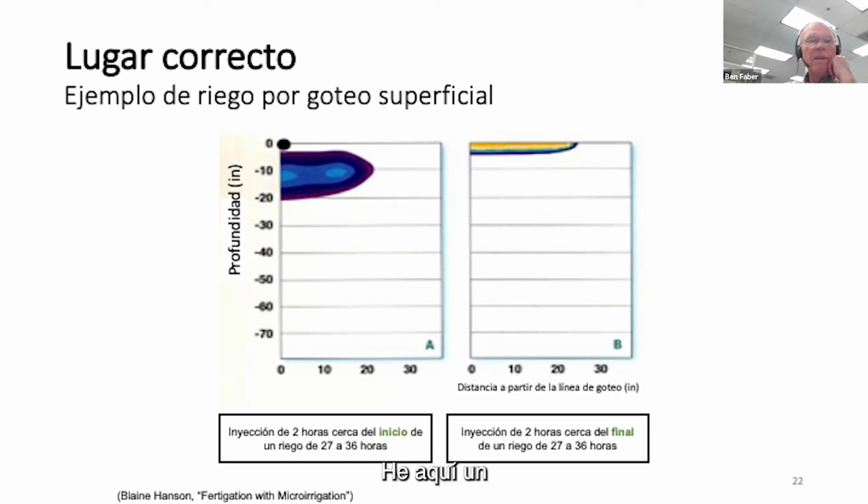So here's an example of what happens when we apply some fertilizer with a short fertilizer injection. We tend to keep it in the root zone. If we apply it for a much longer period of time, we tend to get water and fertilizer moving below the root zone.